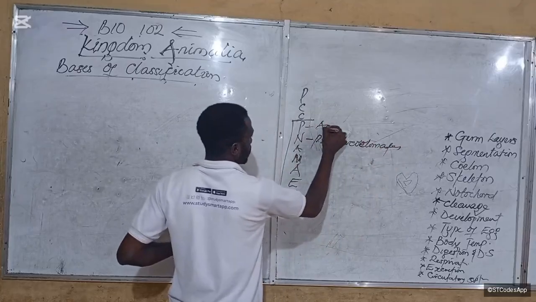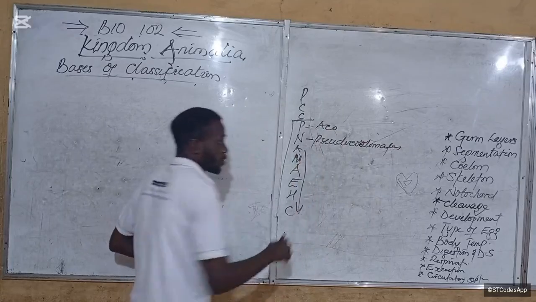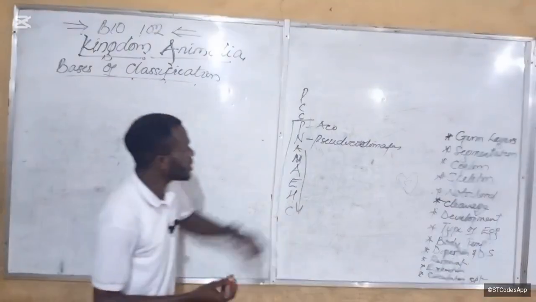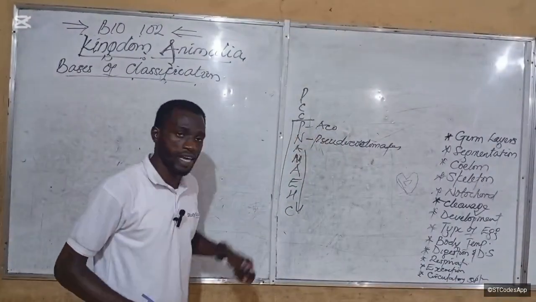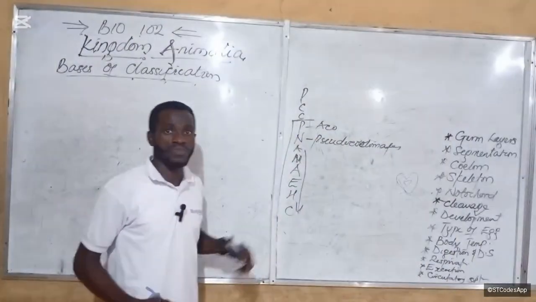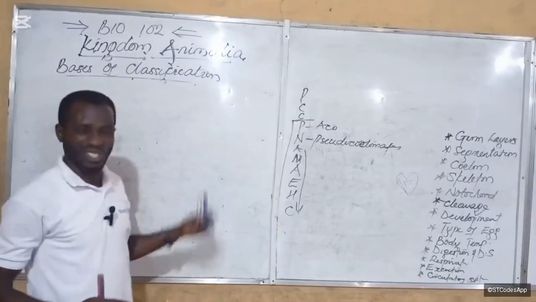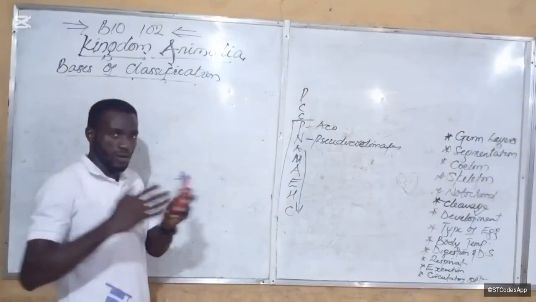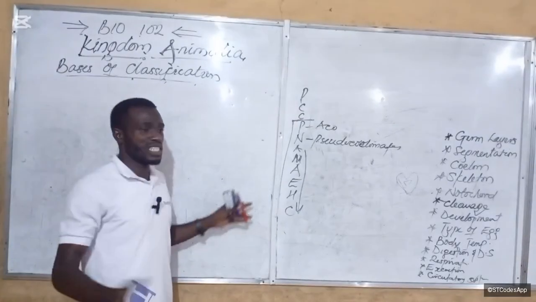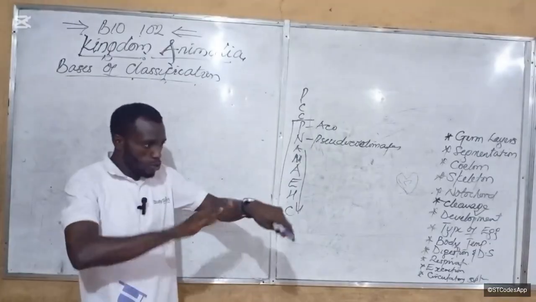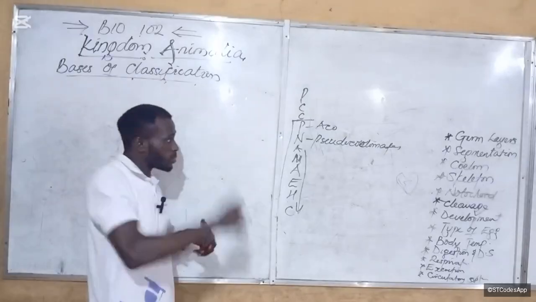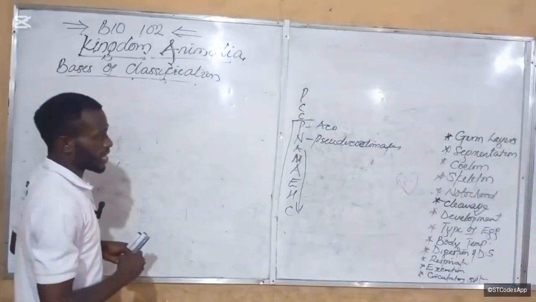This one, acoelomates. Then from annelids downward, coelomates. Is that clear? I've mentioned this also in that other video, but that one is for broad classification. So it's going to help you. There's no way you go through all these videos and not remember them, because I keep showing you tricks and how to remember them based on the way we classify.